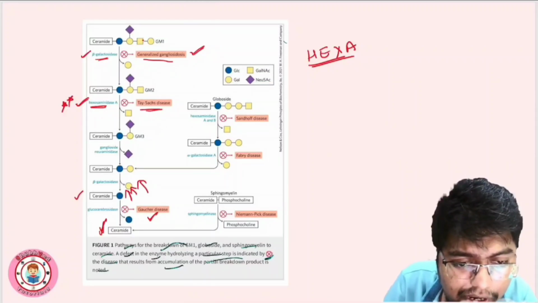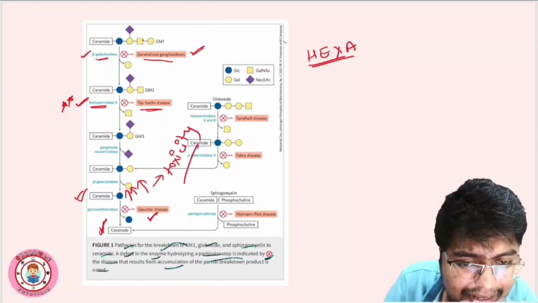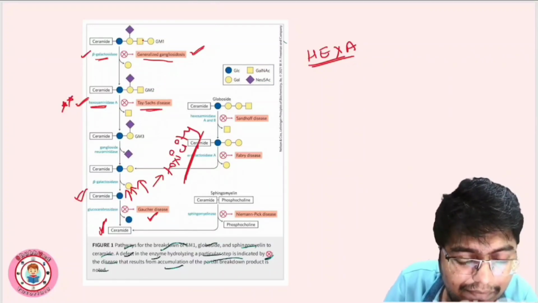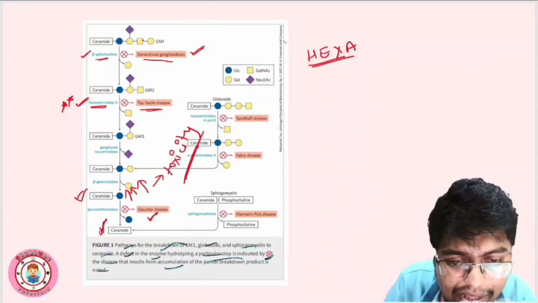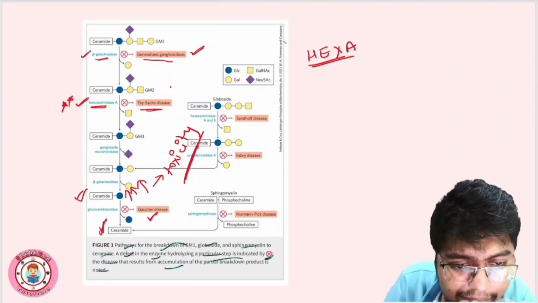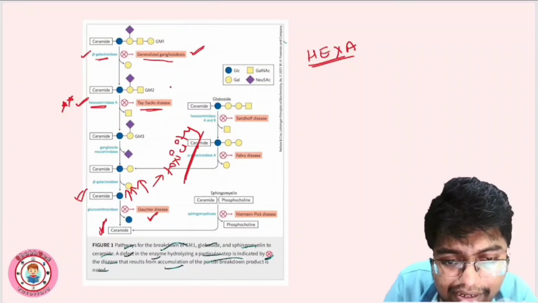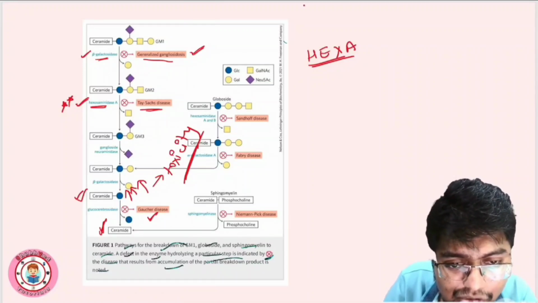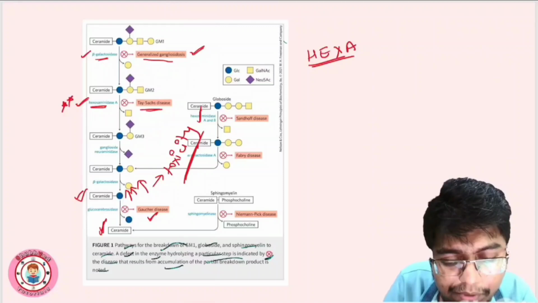This product will be accumulated in the cells, and this can cause toxicity. So it will be a disorder. Meaning the complete breakdown is important. If that doesn't happen, then the earlier product will get accumulated in the cells and will give rise to toxicity, harmful effects.